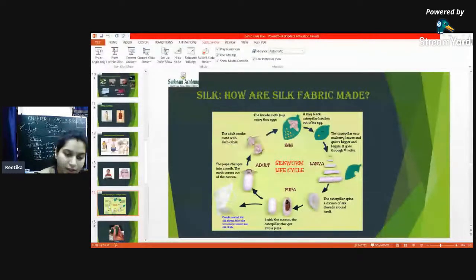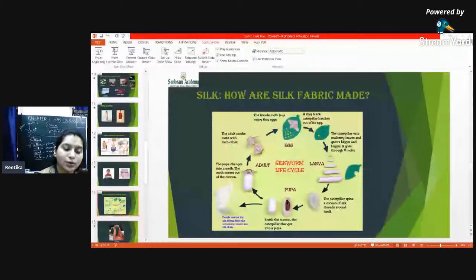Now when the caterpillar grows, it takes out a thread-like structure. It secretes a white thread-like structure that is used to cover its body. When it covers its body, it forms a cocoon. So what is a cocoon?